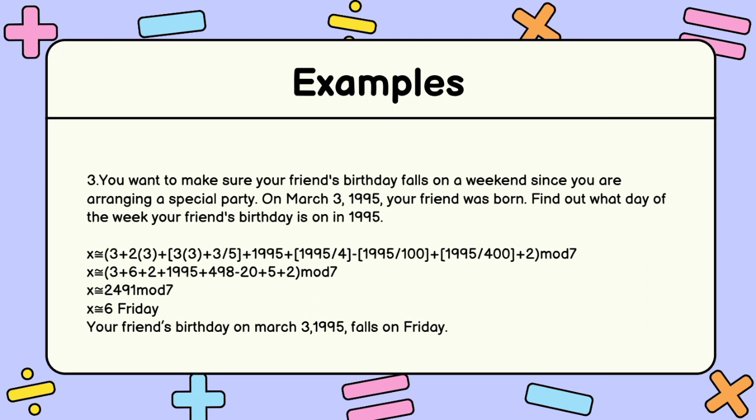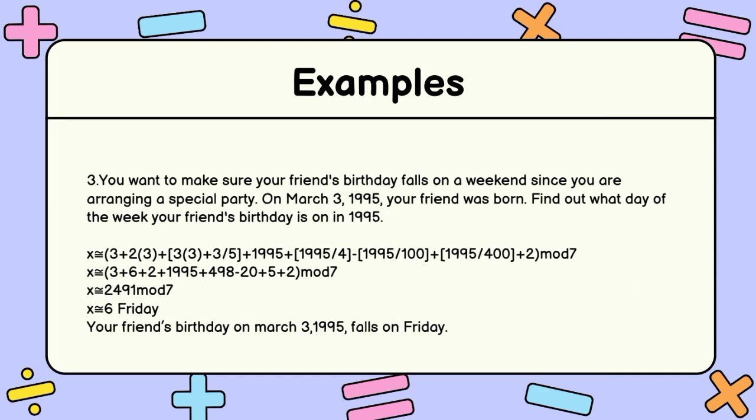The day is 3, the month is March, which is equivalent to 3, and the year is 1995. We're going to use Zeller's congruence. Just evaluate, because you already know how to solve.